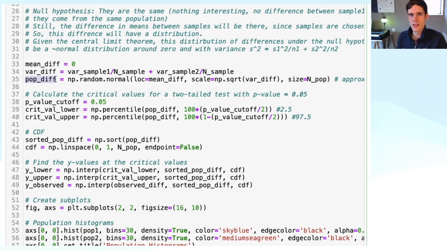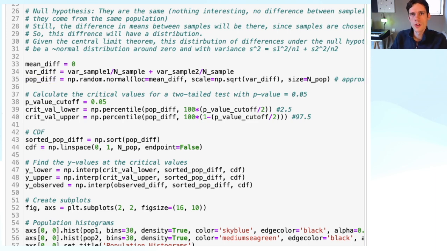Now, because this is a normal distribution and thus a symmetrical distribution, these 5% most extreme values will be cut in half and be found at the two tail ends in our histogram. 2.5% on the left side of our histogram and 2.5% on the right side of our histogram. And thus we need to find the values in our difference distribution that indicate this boundary between the 2.5% most extreme values at this side of the histogram.